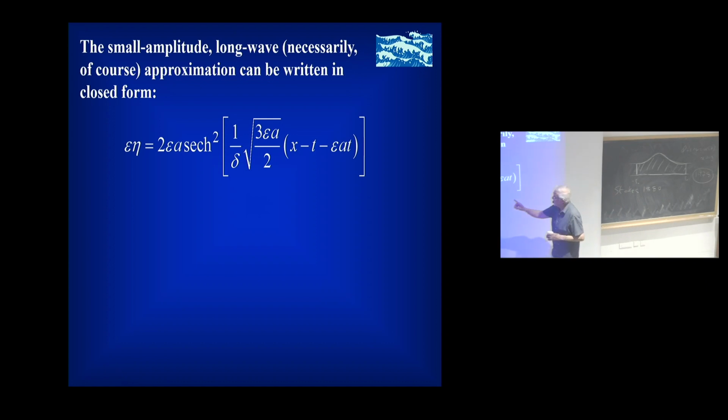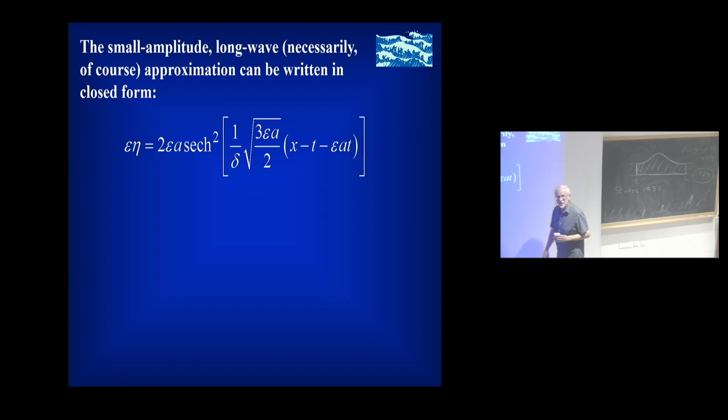Now, I've written this because I've based that on precisely the equations that I wrote earlier, which have the epsilons and the deltas in. If you carry out that transformation that I showed you yesterday, it gets rid of delta in preference to epsilon. That just takes this out altogether. This vanishes when you redefine x and t appropriately. So again, ignore those. You just get square root 3a over 2.